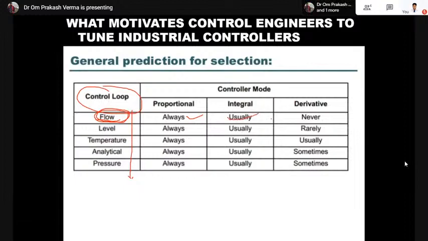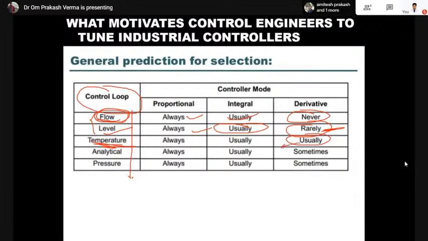Integral controllers are usually used, but derivative controllers are never used. In the case of level control, again proportional is always used with a combination of integral, but derivative controllers are used rarely.